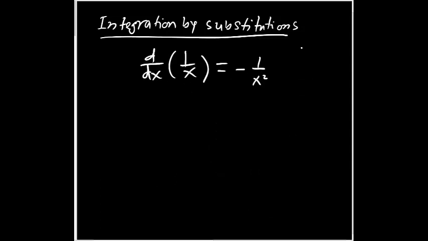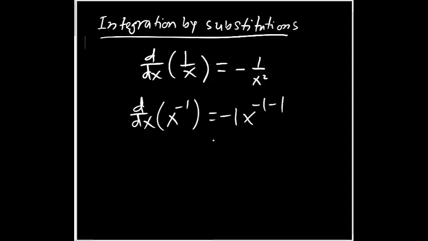Derivative of 1 over x is negative 1 over x squared. Can you confirm me why? Because I am going from this, see, derivative of 1 over x meaning is x to the negative 1, and then derivative is negative 1 x to the negative 1 minus 1.